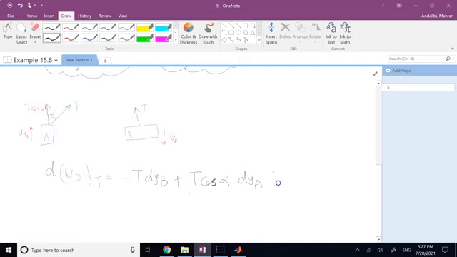And now, if you plug in the relation 6, which says dyB is cosine alpha times dyA, clearly you see the sum of it is 0. So in each infinitesimal displacement of the system, T does not do a total work.